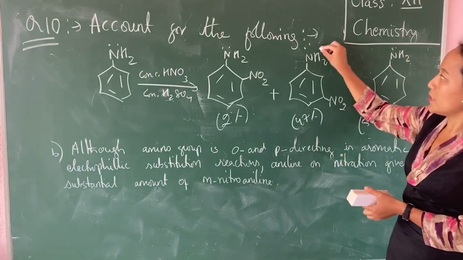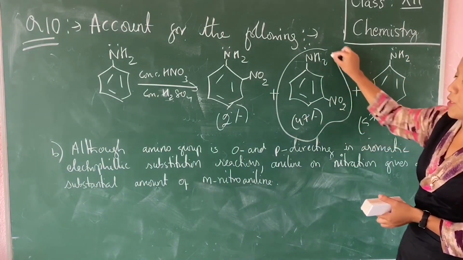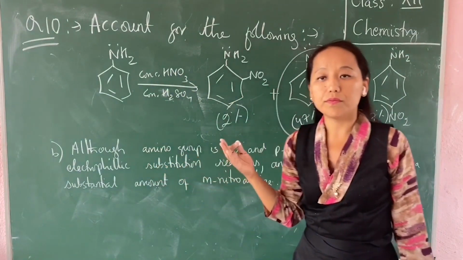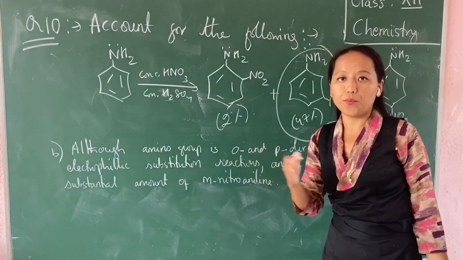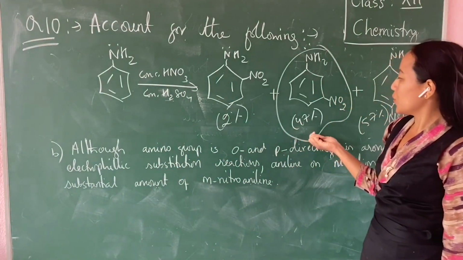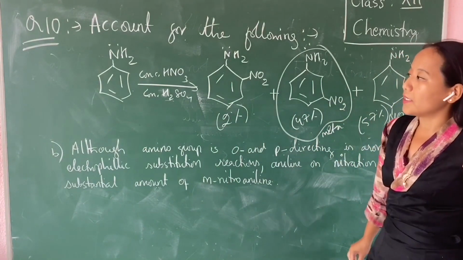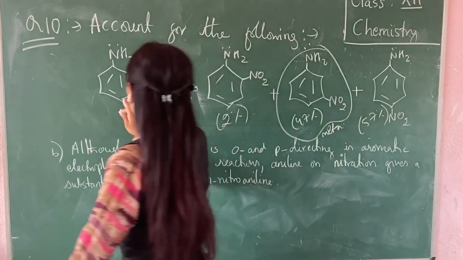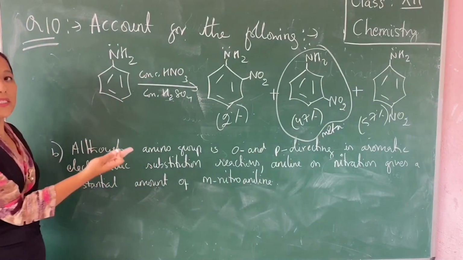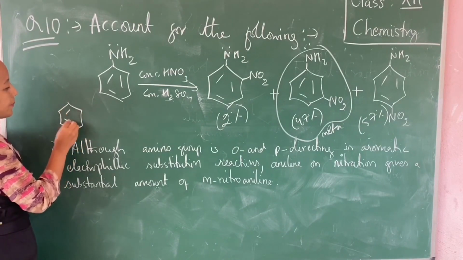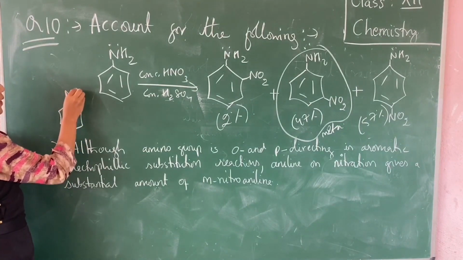Now, what is the reason for formation of this meta product? Because NH2 acts as an activating group. Activating groups are always ortho-para-directing, but you're also getting a meta product. Now, what is the reason for this? The reason for this is aniline will pick up H plus from the acidic medium and it forms anilinium ion, NH3 plus.